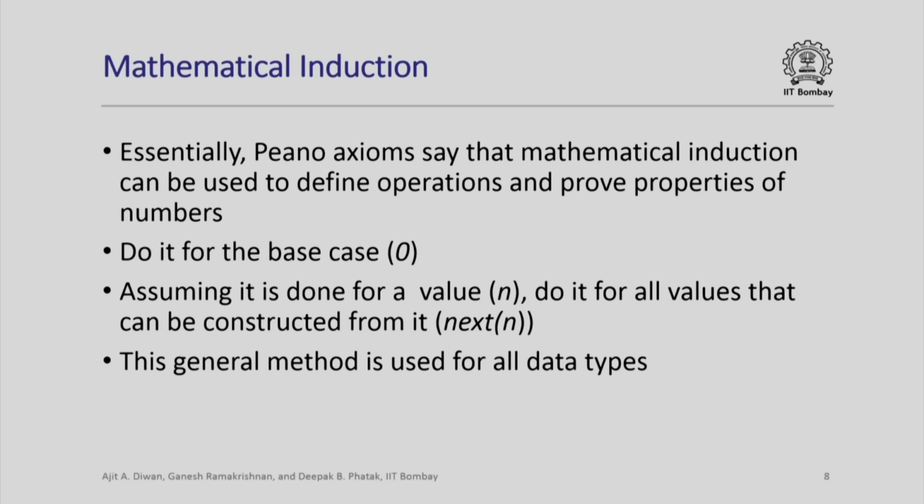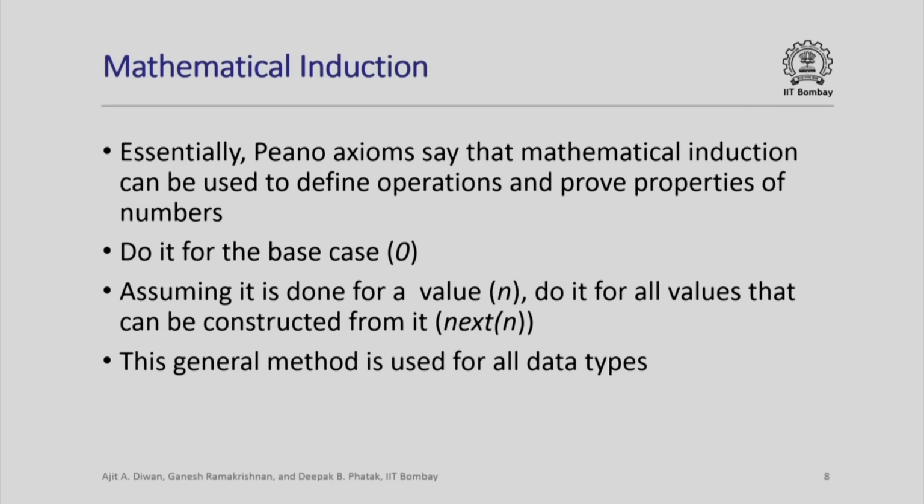And an idea closely related to that of recursive definition is mathematical induction. So, the Peano axioms or recursive definitions just say that you can use mathematical induction to define operations and prove properties of numbers or any other recursively defined data type.